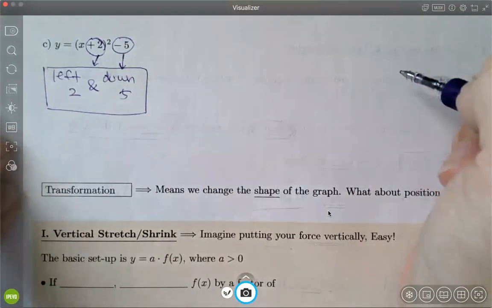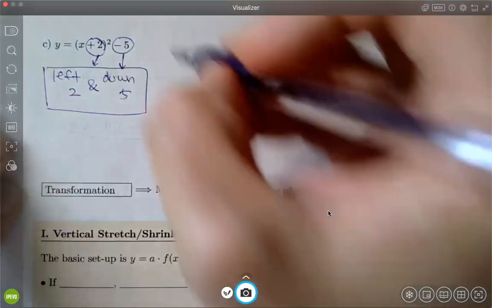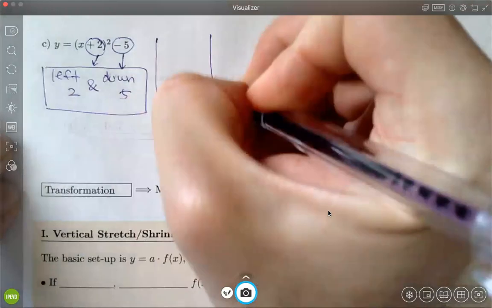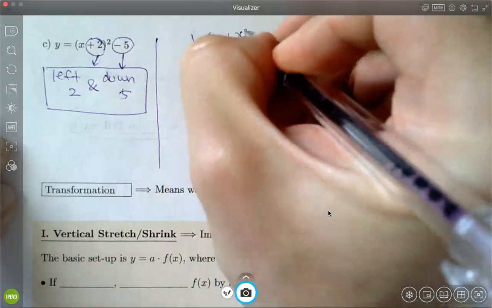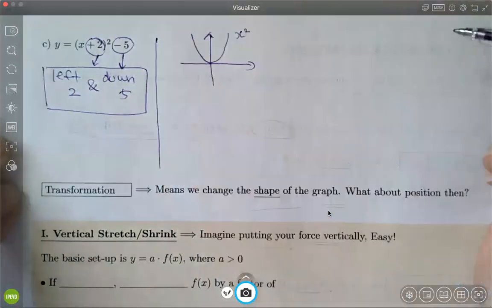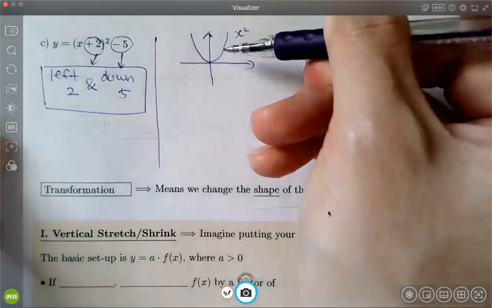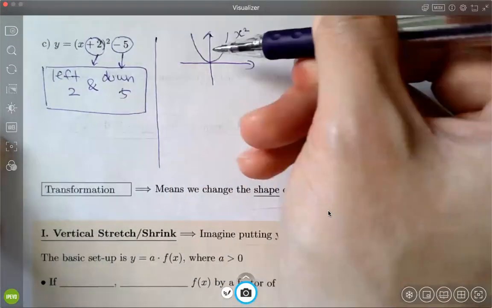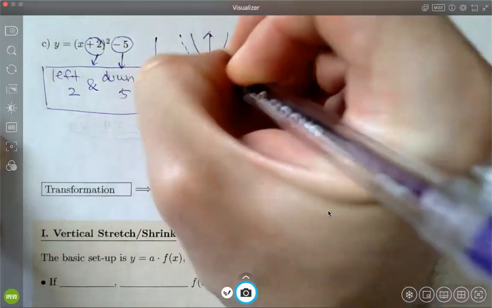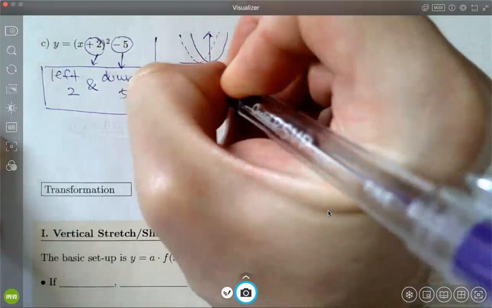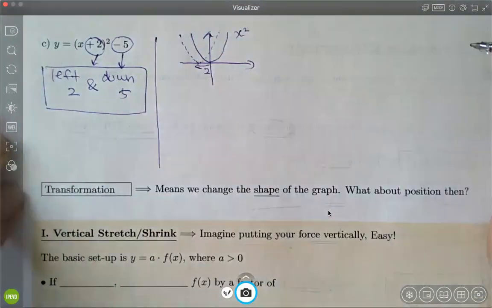So now, how does the graph look? The graph of x squared is this one. First you go left, so you are shifting this graph to the left, in this direction. So we have something like this. Now question, why did I draw a dotted parabola, not a solid parabola?